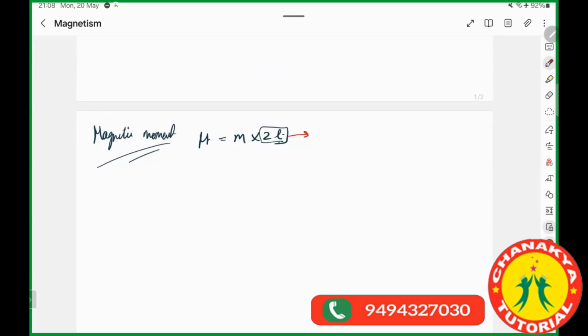If you want to remember, just make a note of it. Length of dipole, and this is the strength of the dipole.